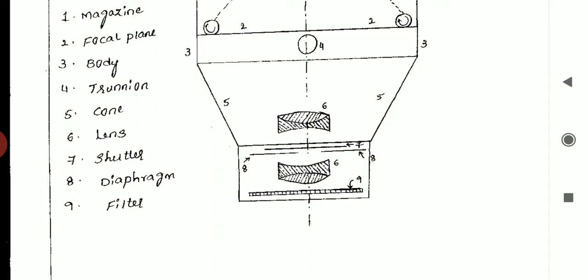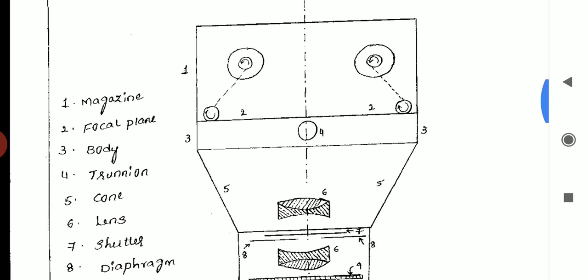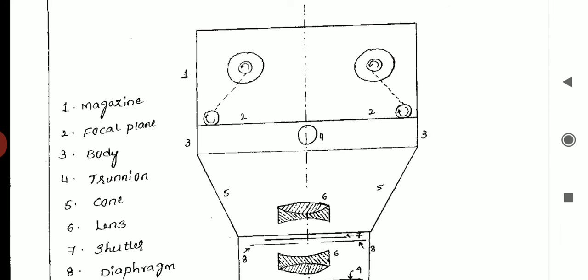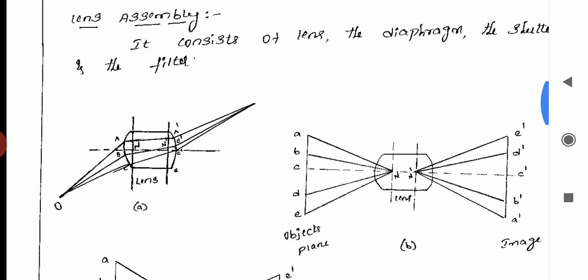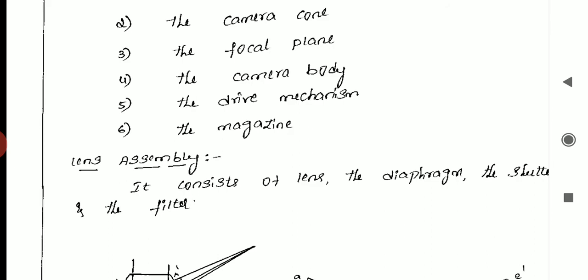And next is the magazine. See where the magazine is. The magazine holds the exposed and unexposed films and houses the film flattening devices at the focal plane. And I already told you the camera axis and picture plane.